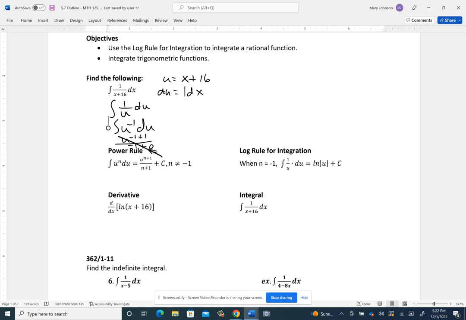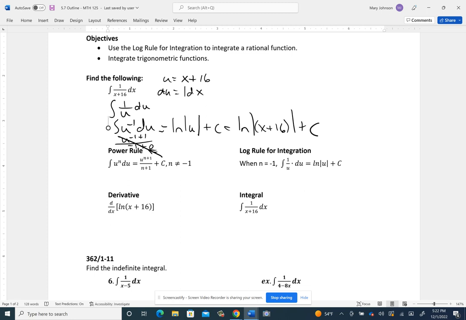So this would wind up being the natural log of u, which is ln of the absolute value of x plus 16, plus c.